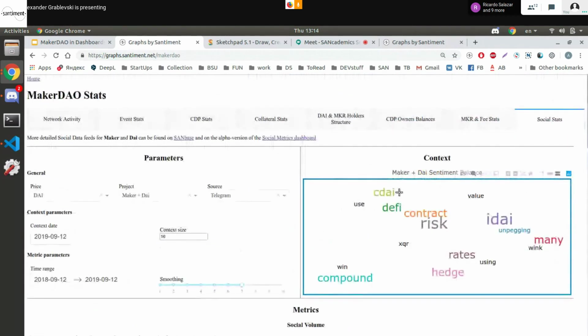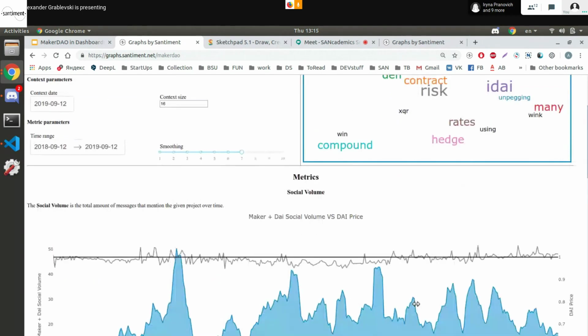But to keep it short, you can check some parameters, like which project you want to check and which source you want to get the data from, and you can see the context here. I can say that today the context is lots of people talking about risk and hedging rates. So that's an interesting thing to investigate.